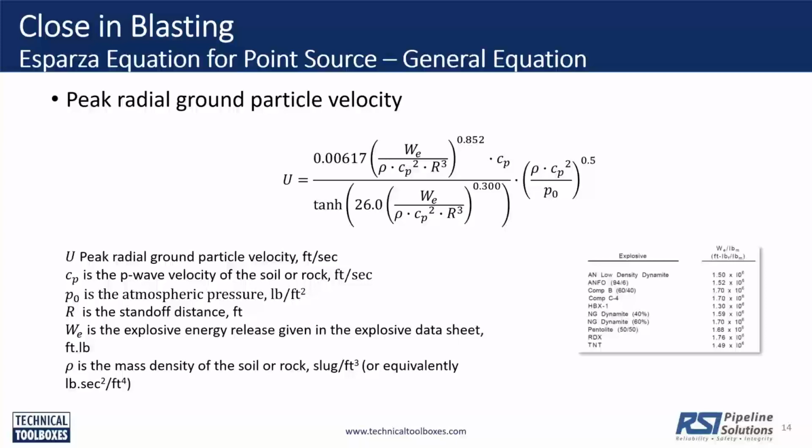R is the standoff distance. That's the distance from the point source to the nearest location on the pipe. And P naught is the atmospheric pressure. Depending on what unit system you use, it could be different, but that is the atmospheric pressure. So let's move to the next slide, please.